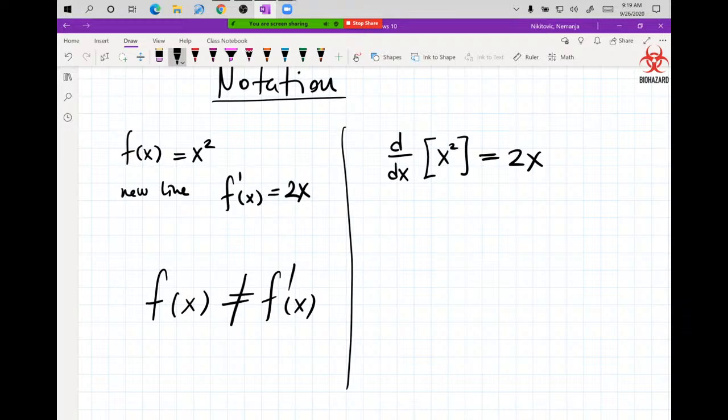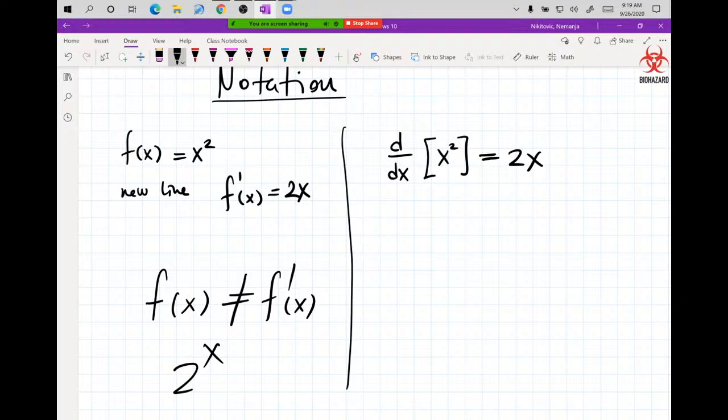But for everything else, thousands and thousands of functions, this is it. So e to the x is the only one. If you have 2 to the x, it's already not equal.